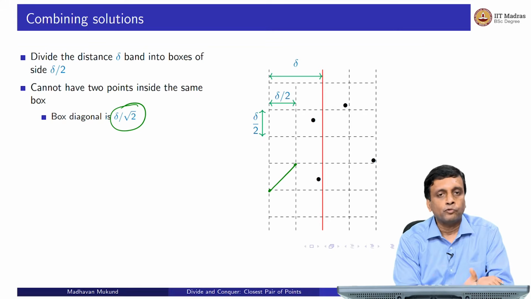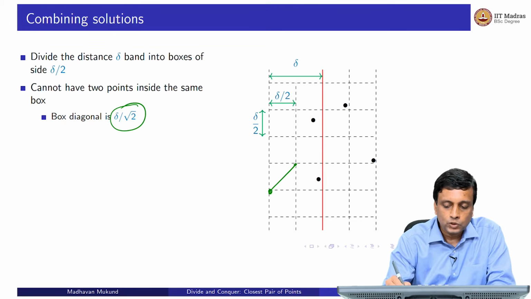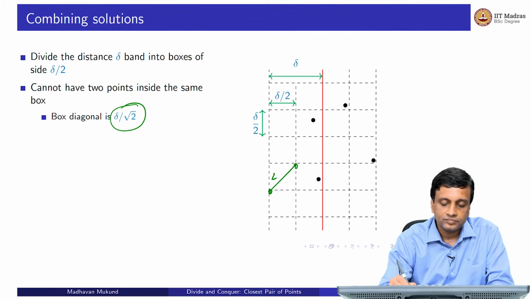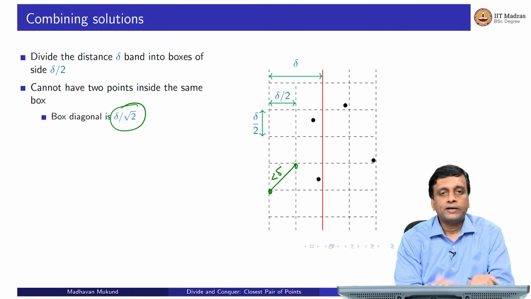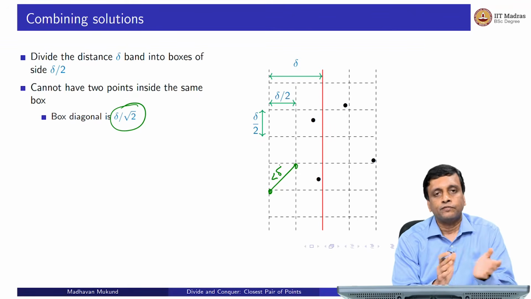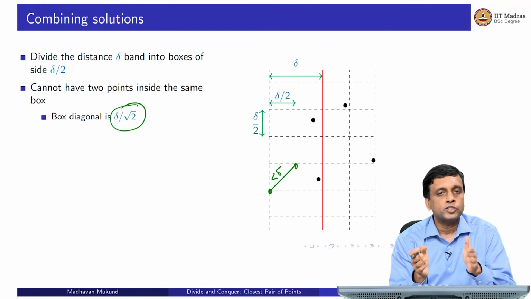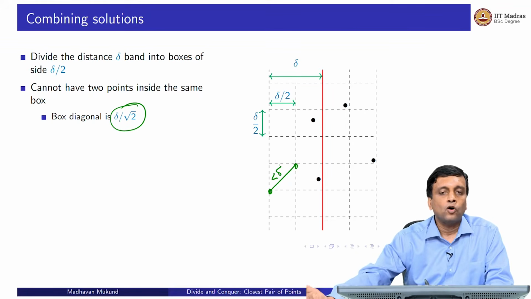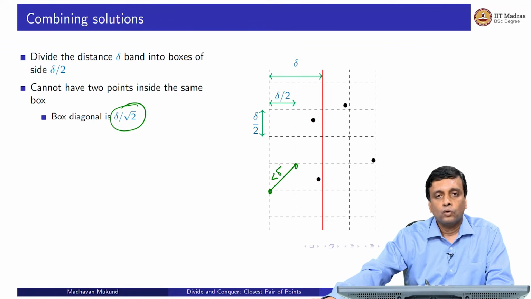So this is 1 upon 1.4 times delta. So this is something which is smaller than delta, right. So if there were 2 points inside a square, then they would be less than delta. But we can't have on either side of the separator any 2 points which are closer than delta, because delta is the closest possible distance for any 2 points on the same side of the separator. So that means that these boxes all contain at most 1 point each.